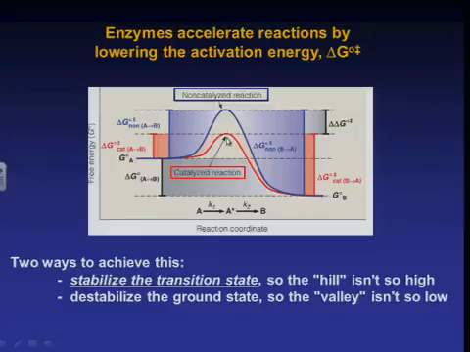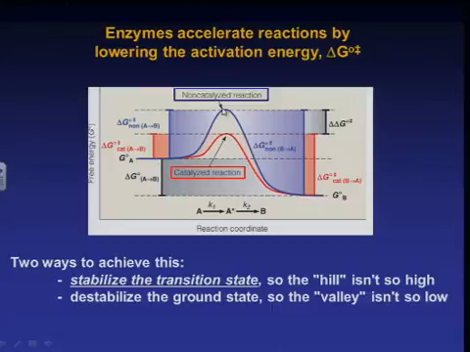and you want to decrease the height of the hill, there are two ways to do it, right? One would be to make this hill not so high. When we talk about delta G double dagger, it is the energy that these molecules have to overcome to get over the hump.